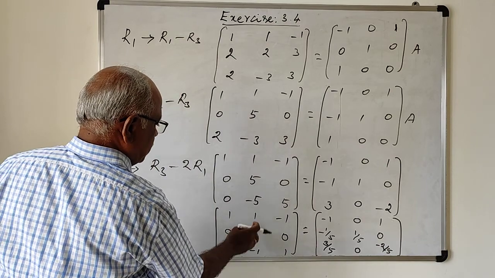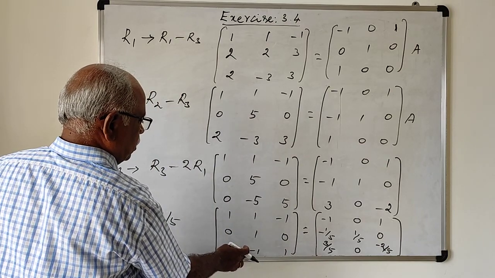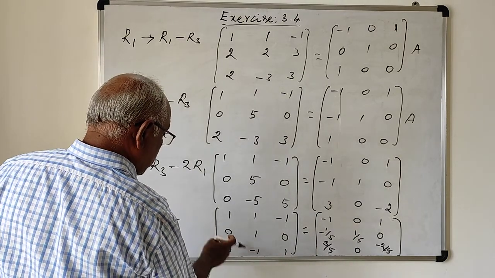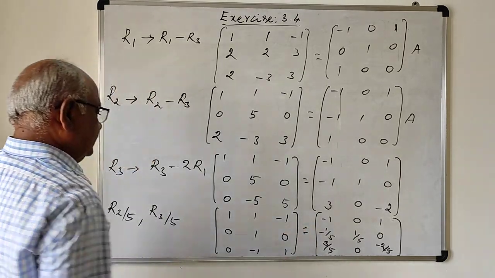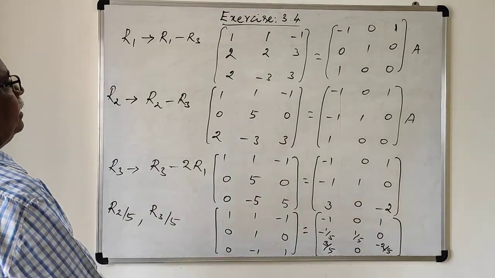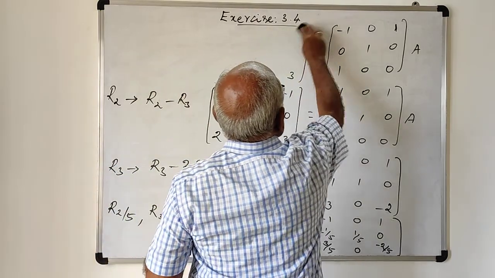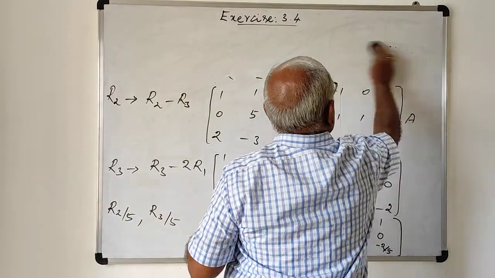Next, you add this. 1, 1, 0, you want this to be 0. For that, R1 plus R3. Next idea is we convert the R1 elements by adding R3 elements.